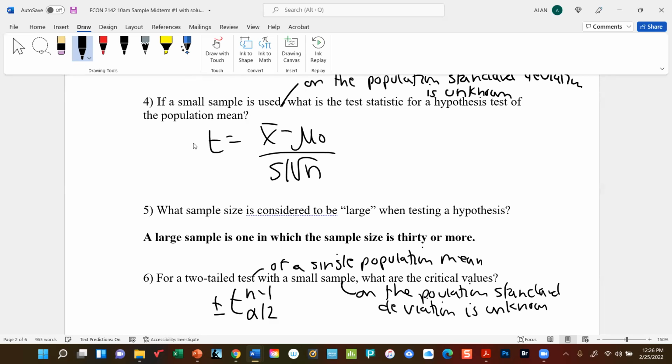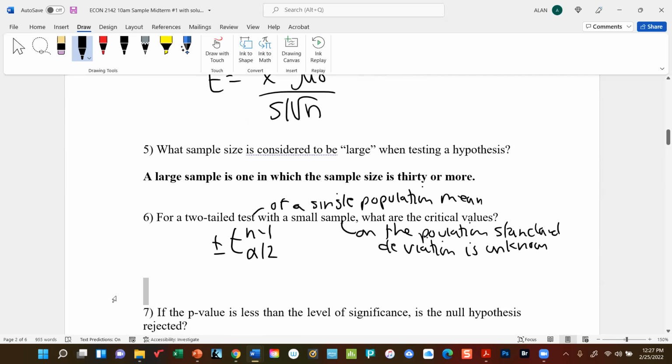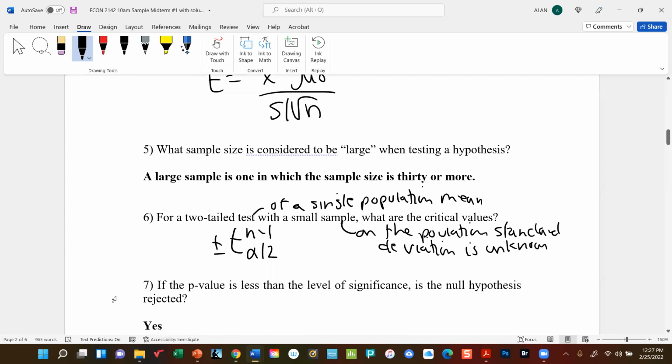In other words, it's the t distribution, but it's a two-tailed test. That's what I wanted. Oh God, what a mess. I probably should never do fill-ins anymore. Problems are so straightforward.